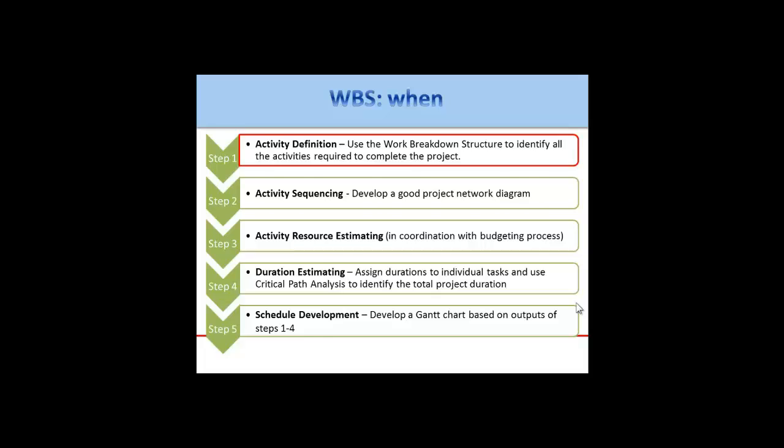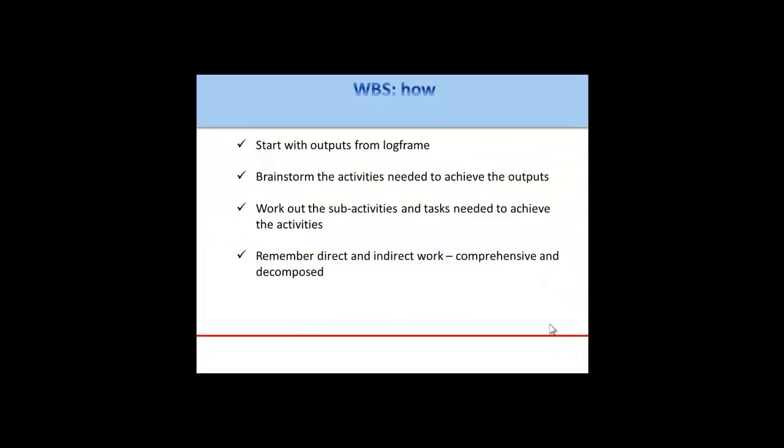Okay, and then a quick reminder, how do we do it? Well, typically, we make a link to our log frame, we look at the output, and then we go down from there. So we say, well, what activities do we need to do if we want to achieve these outputs, and so on. Breaking down, being more detailed, more decomposing, and not forgetting the indirect work.